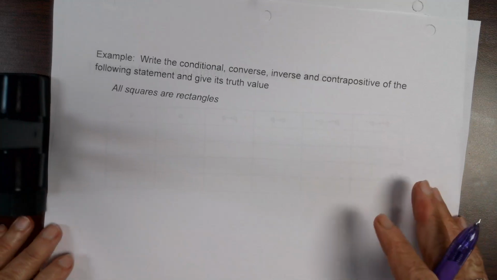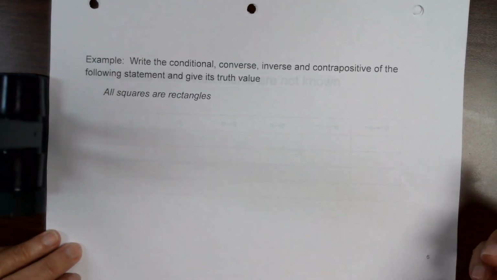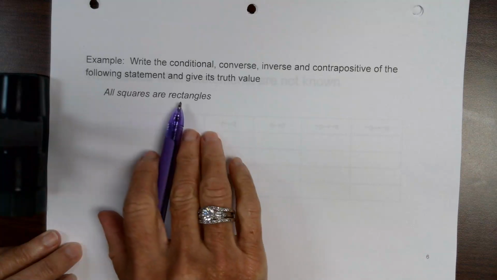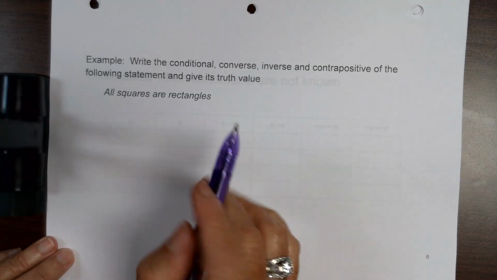All right, it says write the conditional, converse, inverse, and contrapositive of the following statement and give its truth value. So here's my statement: all squares are rectangles.